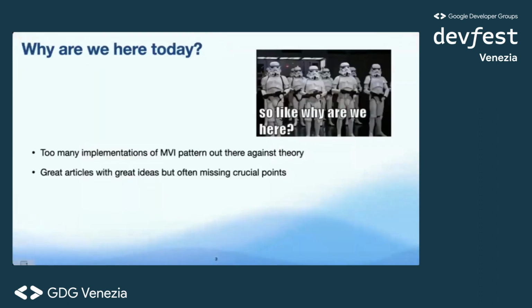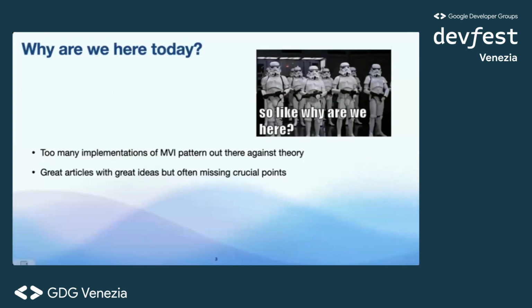So, why are we here today? Today we are here because, as we just said, we want to show you what we found difficult adopting this architectural pattern in the mobile environment. Question: how many mobile developers are here today?